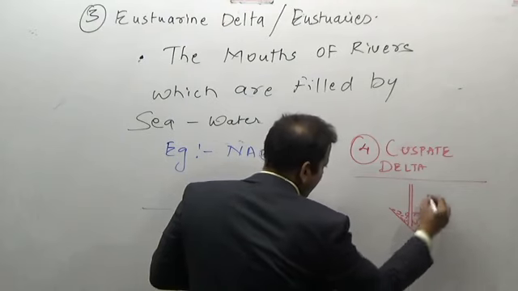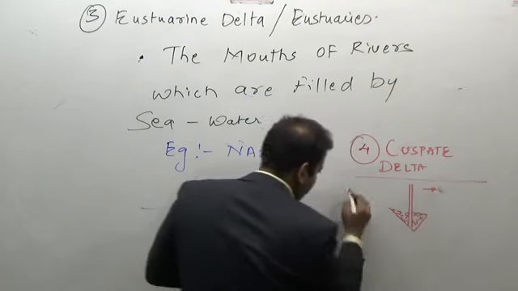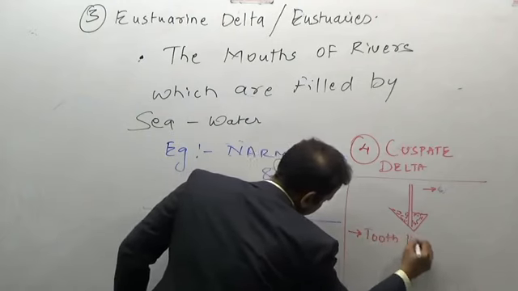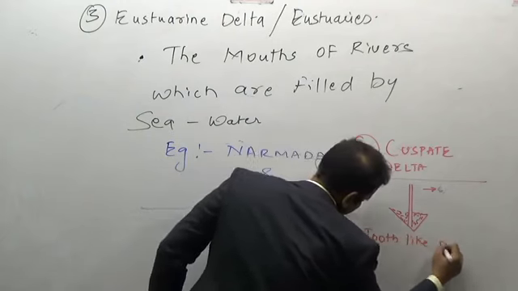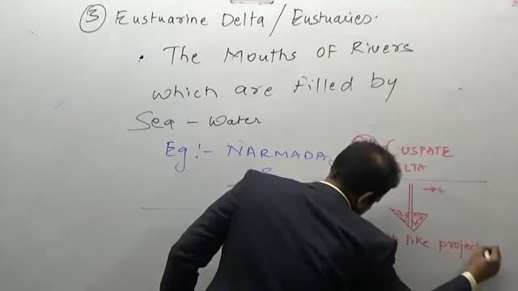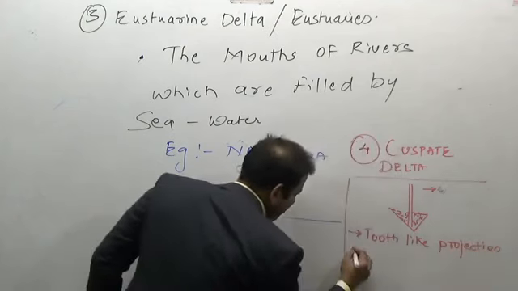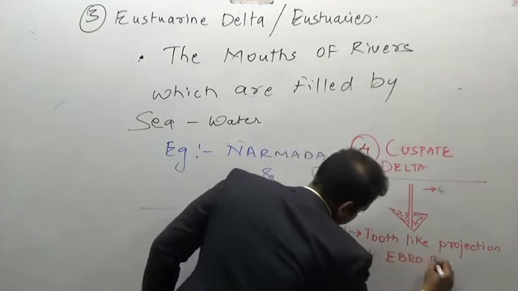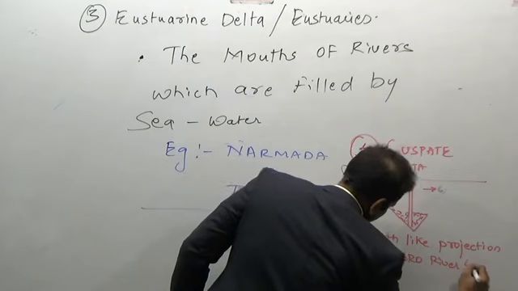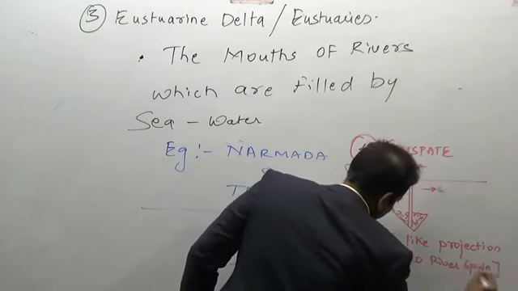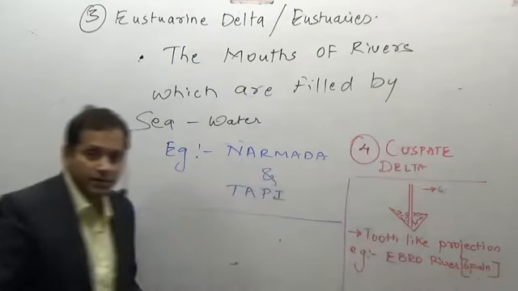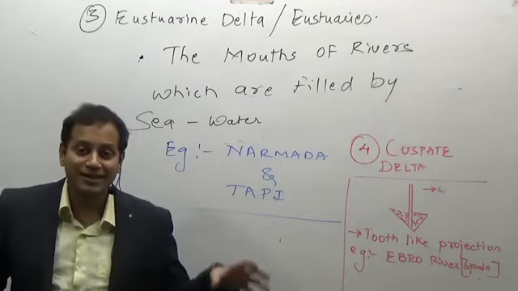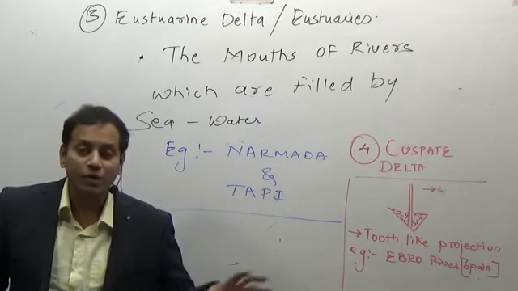This tooth-like delta is known as a cuspate delta. The example is the Ebro River of Spain. So, tooth-like projections in the delta. There is only one river, the Ebro River of Spain.